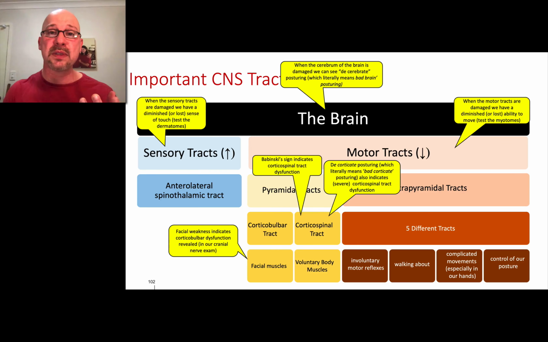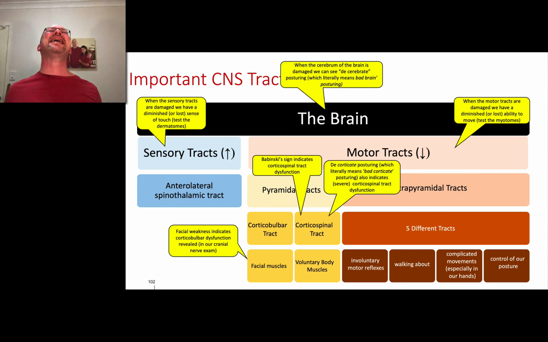And here's a question. People will sometimes ask, which is worse, decerebrate or decorticate posturing? And when you're first learning about this, you think, well, decorticate is bad, but at least you're still protecting yourself. Decerebrate is really bad because you're not protecting yourself. But the more accurate physiological answer is that decorticate is bad, but it's only the corticospinal tract in the pyramidal tracts.